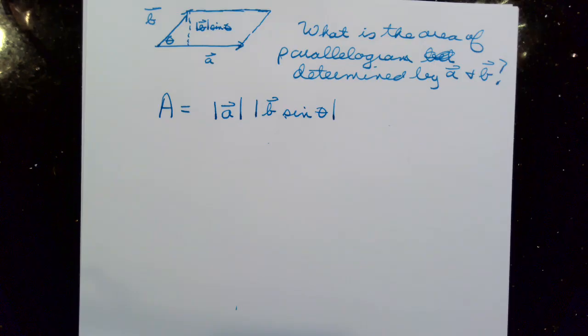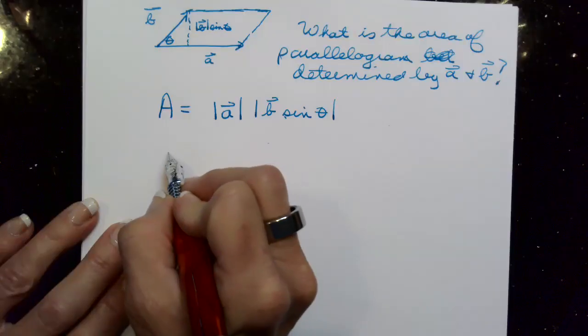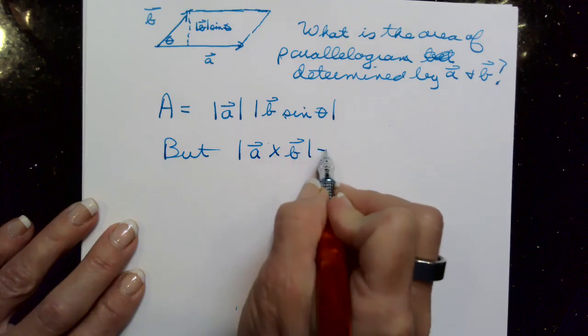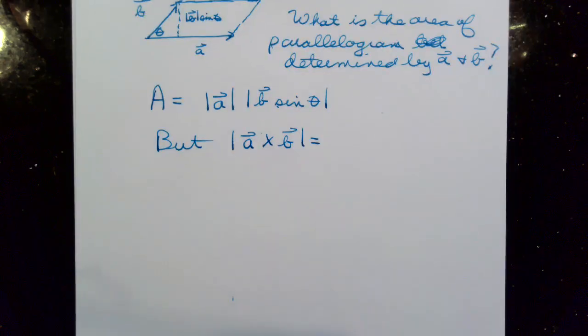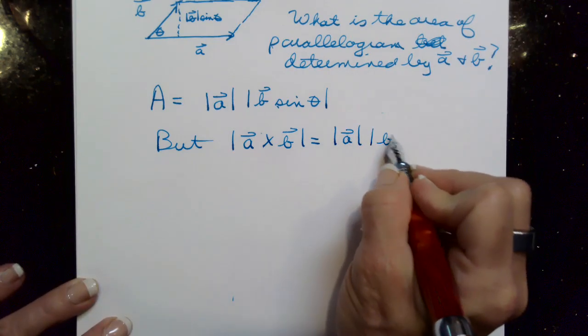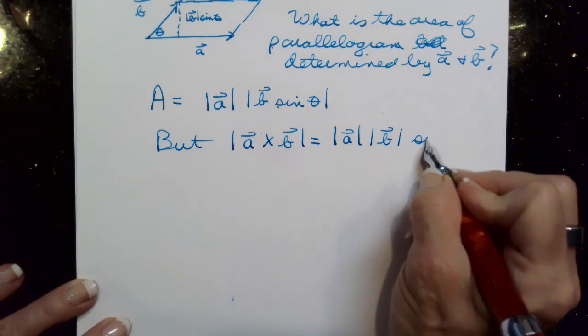Okay, so the area of the parallelogram determined by the two vectors is also given by this formula. If you remember, in Professor Dave's lecture, we saw that the length of the vector A cross B is exactly equal to the length of A times the length of B times the sine of the angle between the two.